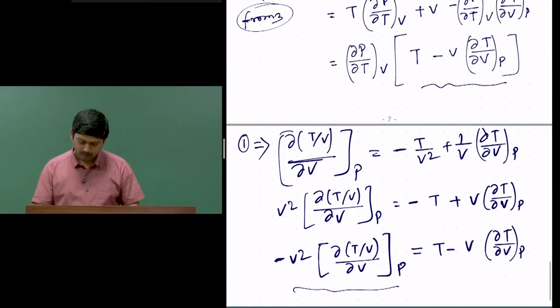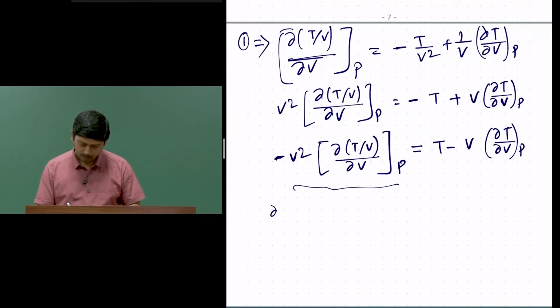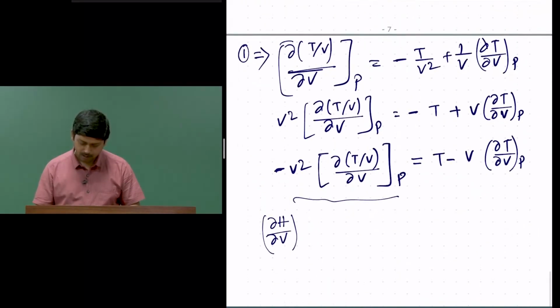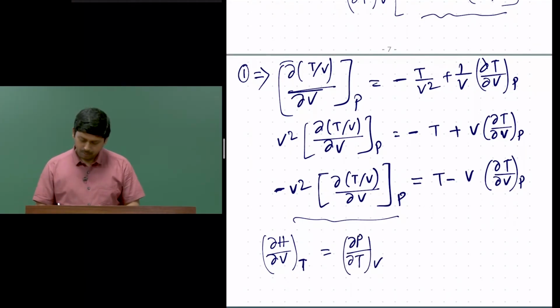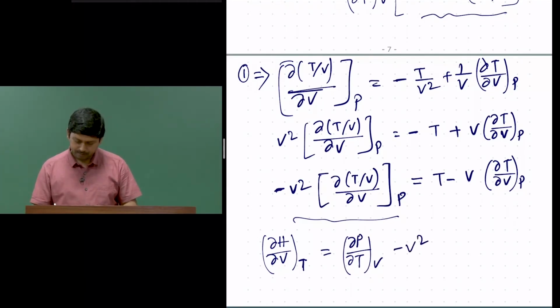So, we can say that del H by del V at a constant T is equal to del P by del T V into minus V square del T by V by del V P.